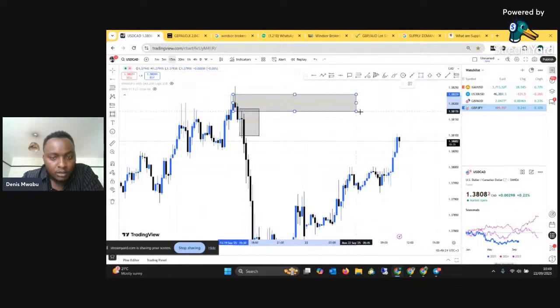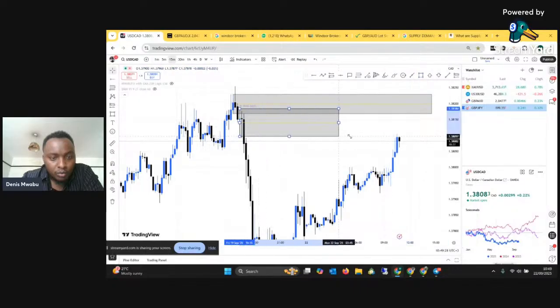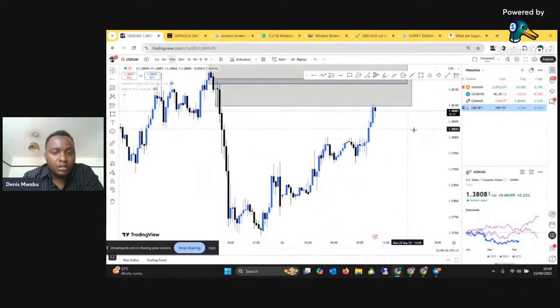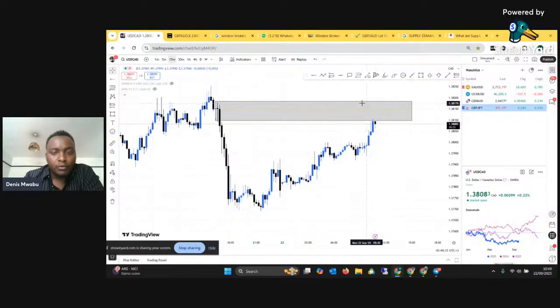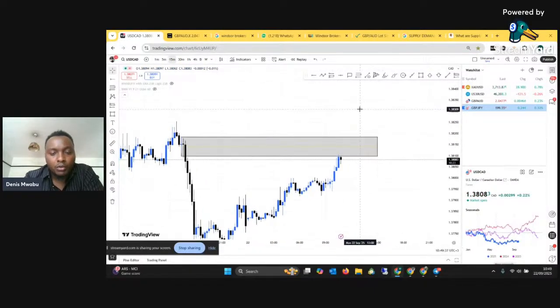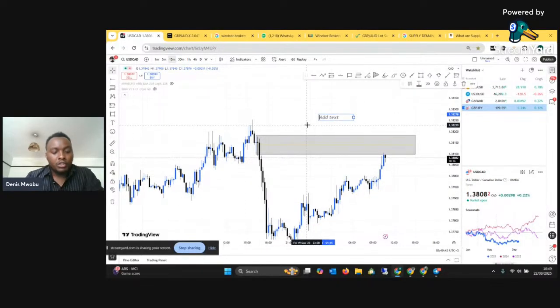And then there's this also blue candle, which is here. So those are the supply zones. Those are the POI, points of interest. Our points of interest.